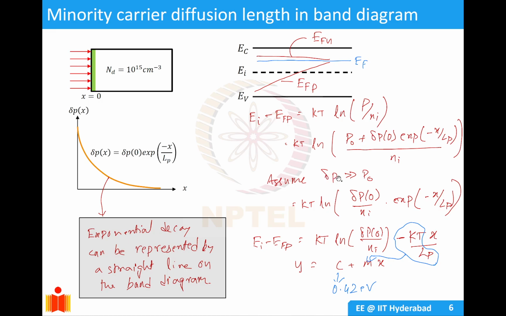If we assume delta P is greater than P naught, then it becomes KT ln delta P naught by Ni into exponential minus x by LP. You take this term out, it comes out to be KT ln delta P naught by Ni, which is a constant term, minus KT times x by LP. So this is a linear equation. Hence, although they are exponential decays, here they are represented as straight lines.